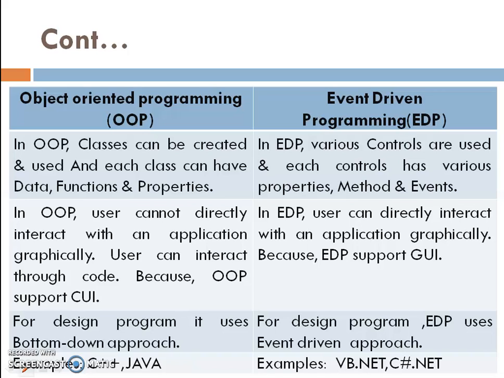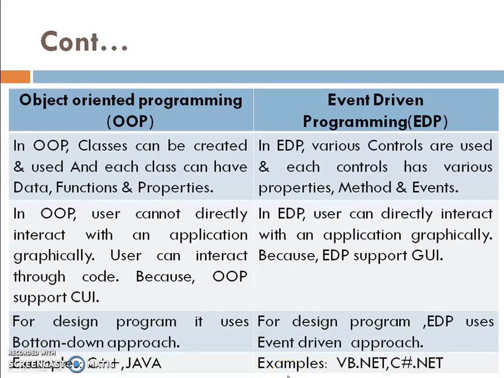In OOP user cannot directly interact with an application graphically. User can interact through code because OOP support CUI. In EDP, user can directly interact with an application graphically because EDP support GUI. The next point of OOP programming language is OOP programming language use bottom-up approach.